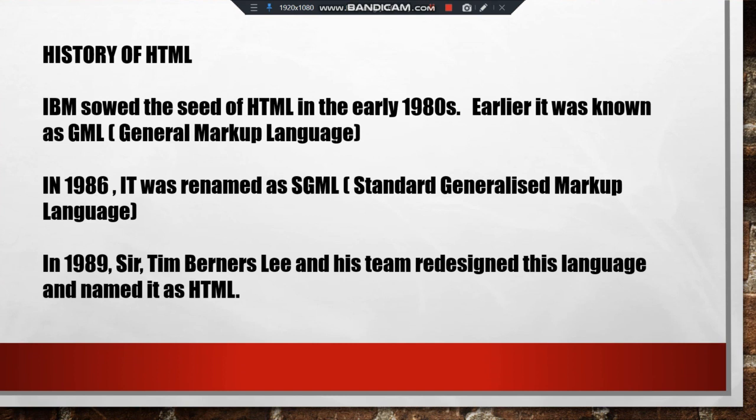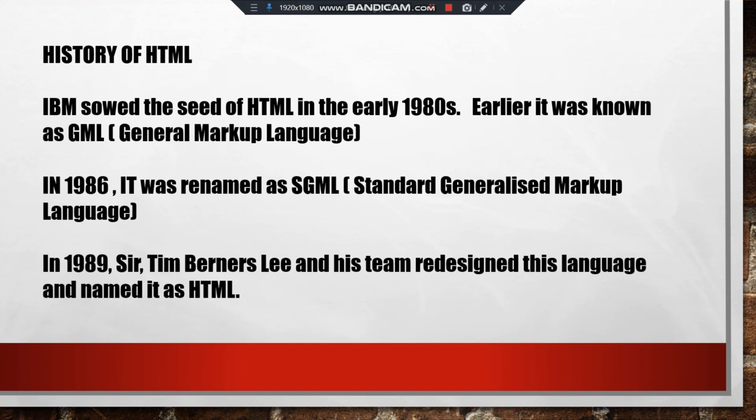So, first of all, what happened? IBM started the concept of HTML in the early 1980s. Earlier, it was known as GML, General Markup Language. Then in 1986, it was renamed as SGML, Standard Generalized Markup Language.